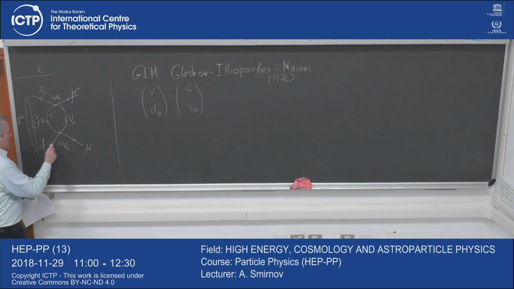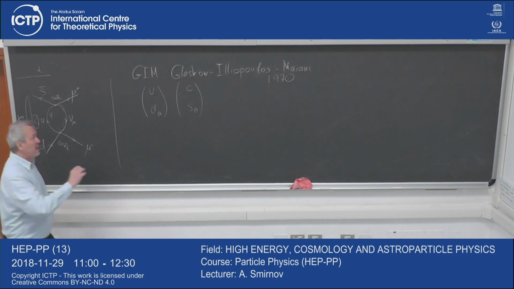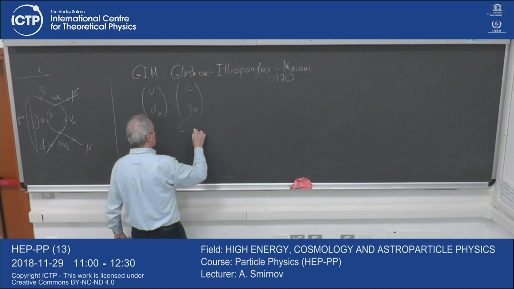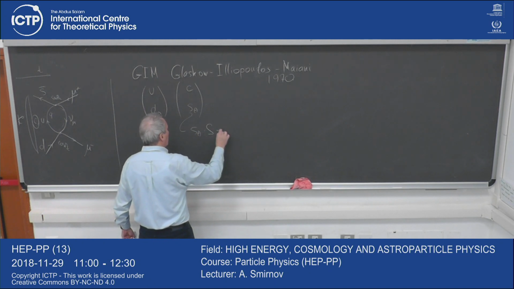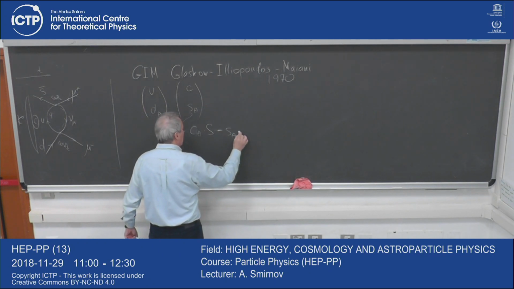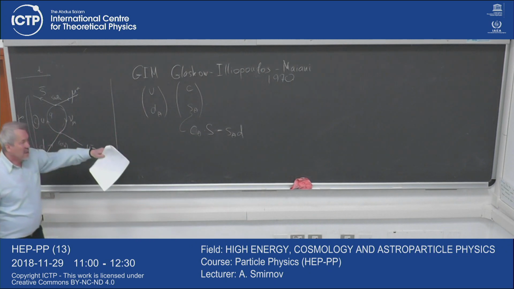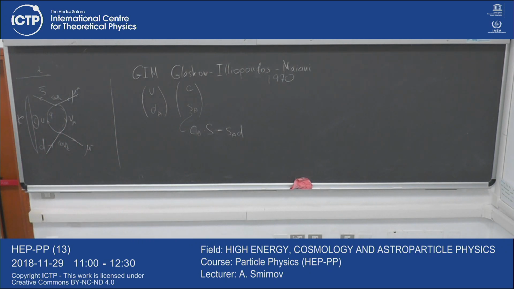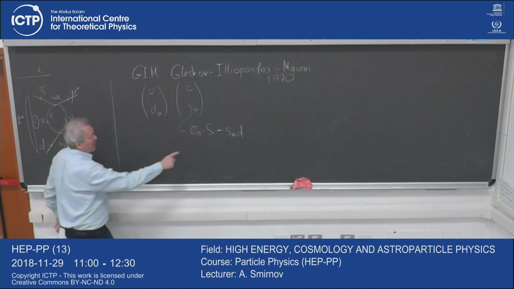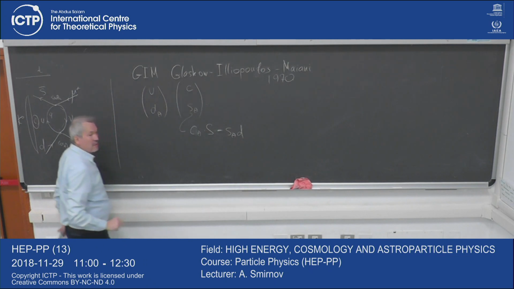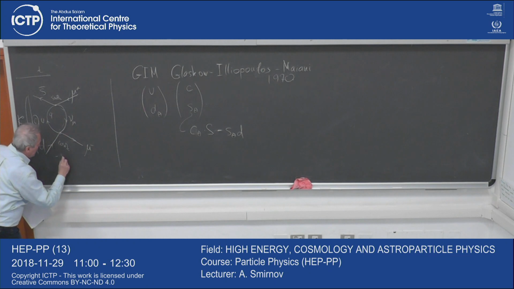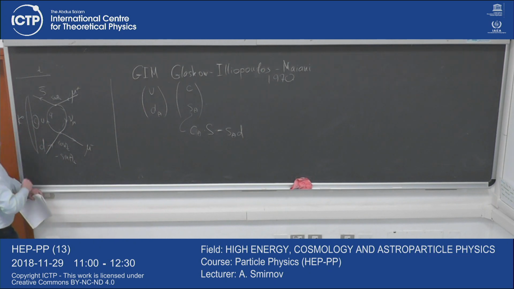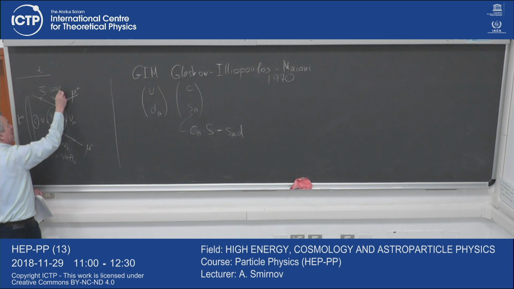For charm, you would have here the transition of the d quark to charm, and this is determined by the orthogonal combination. Remember, this is sine theta s quark, cosine theta s quark minus sine theta d quark. What is important in the orthogonal combination is that there is a minus sign. Therefore, for this transition, determined by this s part interacting with charm, you will have minus sine theta, and here you will have cosine theta.